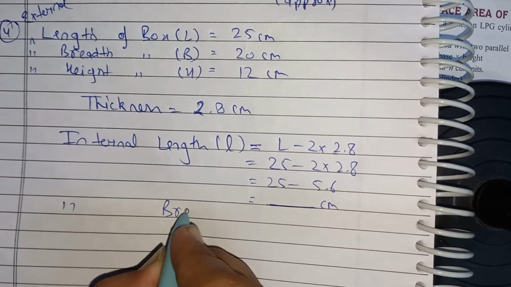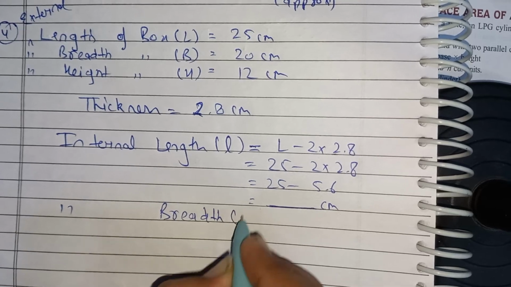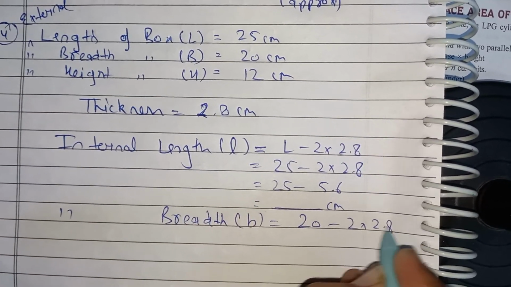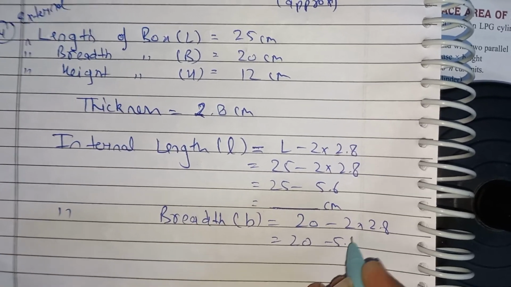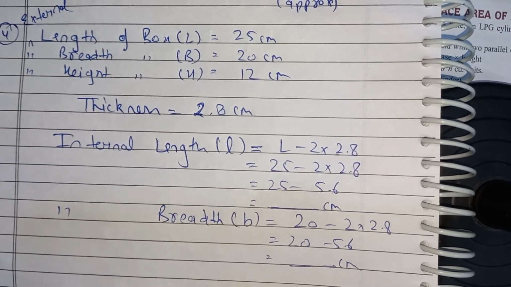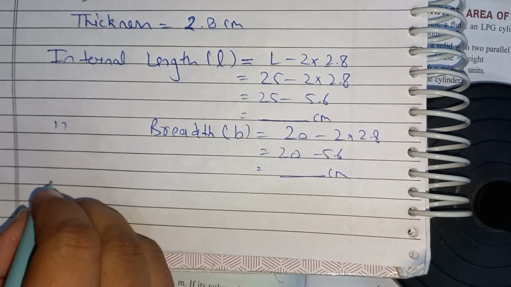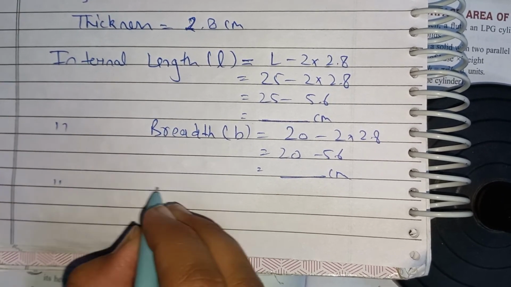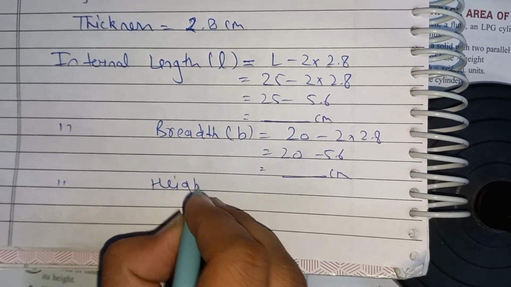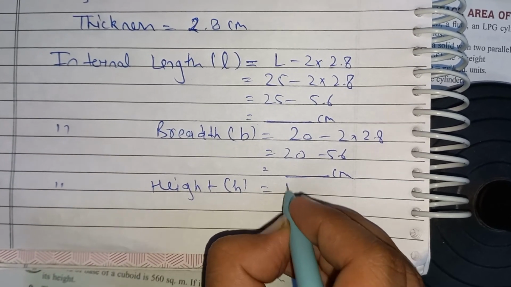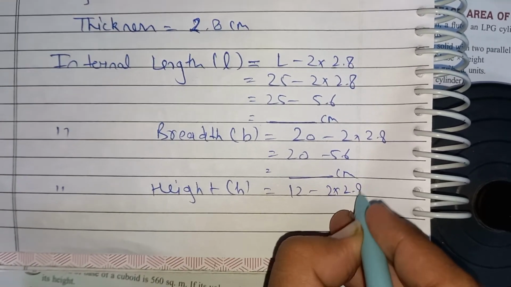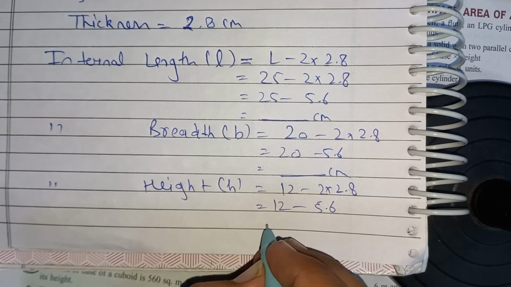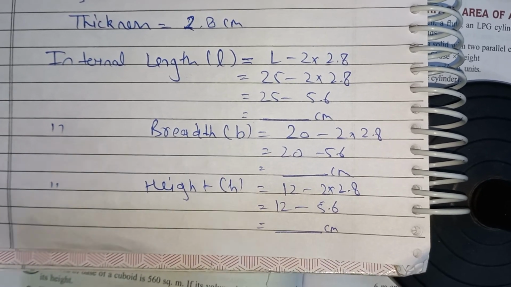Internal breadth b: 20 minus 2 into 2.8, 20 minus 5.6. Subtract and write the answer here. Similarly, internal height h: 12 minus 2 into 2.8, 12 minus 5.6. Subtract and write the answer in centimeter.